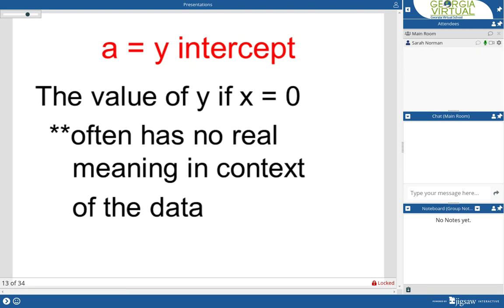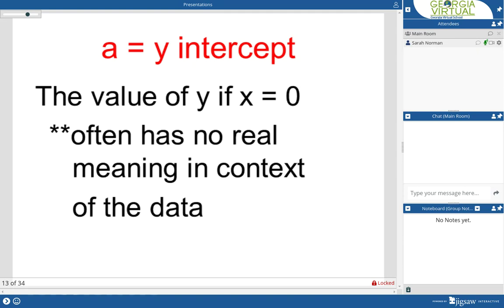Well, if weight and height are related, no, it's not possible for a person's weight to be 0 or their height to be 0. So even though we do include the y-intercept in the equation, it often doesn't really make sense in the data. But we do need it in the linear regression equation because that's going to indicate where we put the line on the graph, how far up or how far down, where exactly it needs to be.